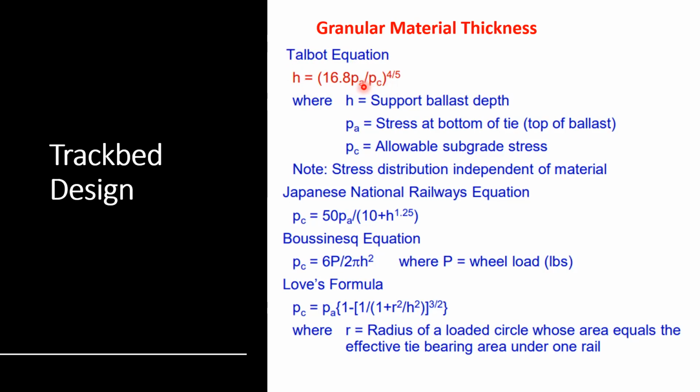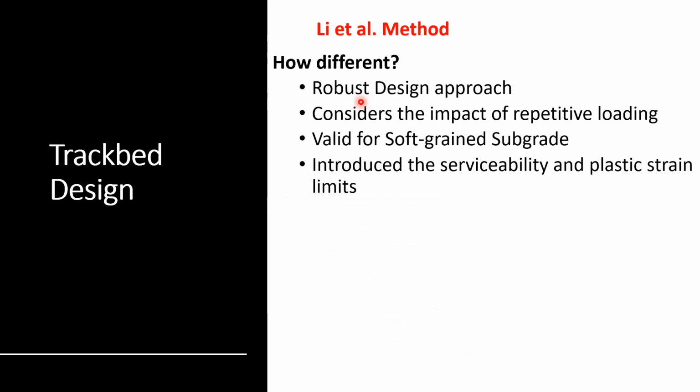The idea is the thickness that you're using here will govern how the pressure will be distributed within your track bed. And then one of the methods that I think is one of the most robust design approaches out there touches upon a few key concepts that we geotechnical engineers are always interested in when dealing with embankment design.